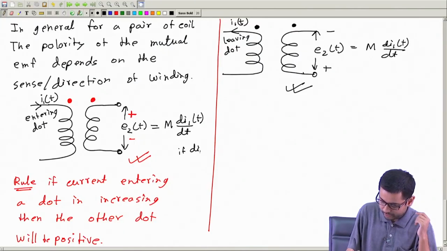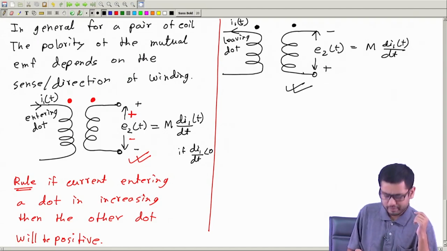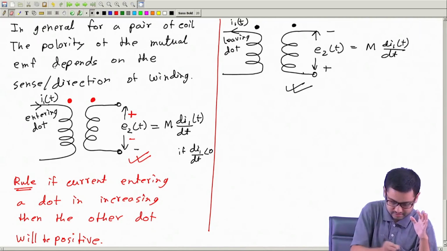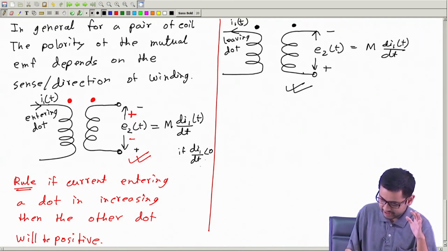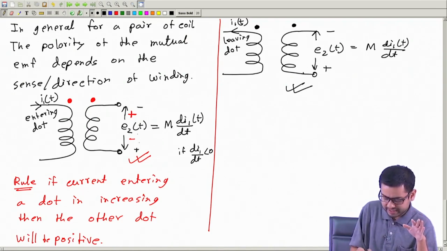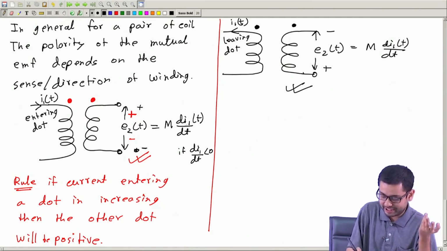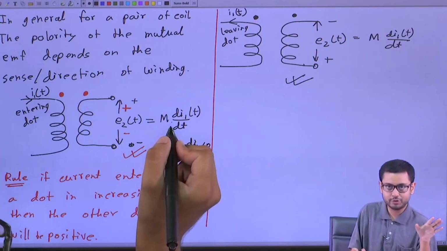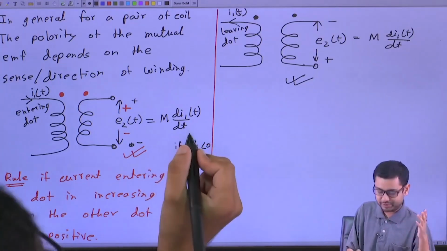If di1 dt is negative, then this side will be plus, this side minus, but I do not have to write it this way. I can still write it this way, plus and minus, because now this is negative, so the magnitude will automatically be negative. I do not have to do it explicitly.